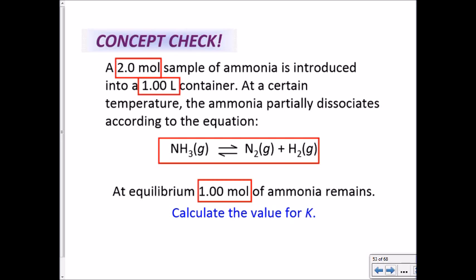So, paying attention up here, did they give us concentrations to begin with? No. They gave us some moles and they gave us some liters. So what do we have to do? Find the concentrations. No concentrations are given. It's usually pretty easy, though, because it's usually like a 1-liter vessel or a 2-liter vessel.